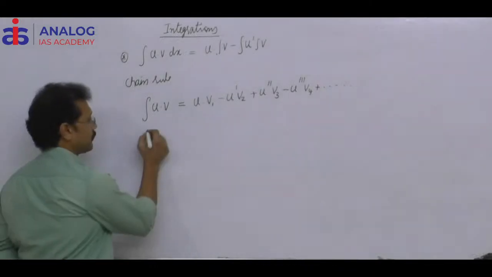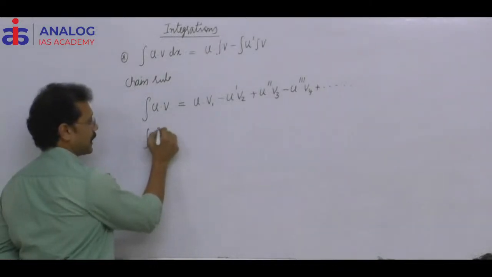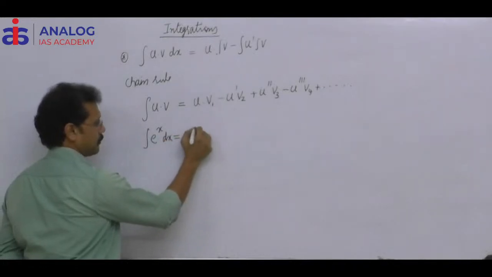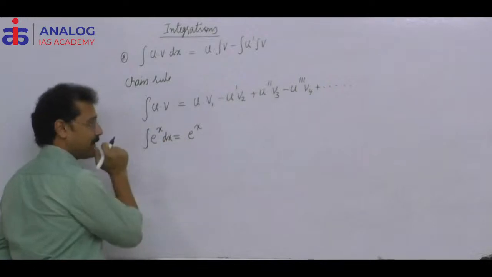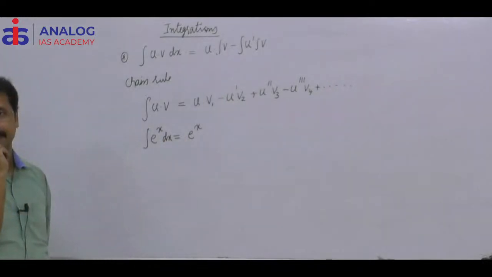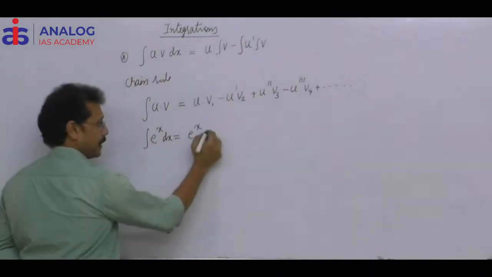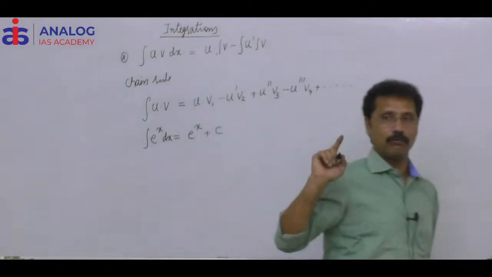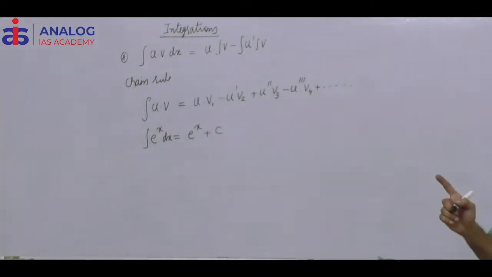We already know that the integral of e power x, dx would be there anyway, is e power x. And remember, whenever you write an integral, plus integration constant, you have to always write. Don't forget writing that.